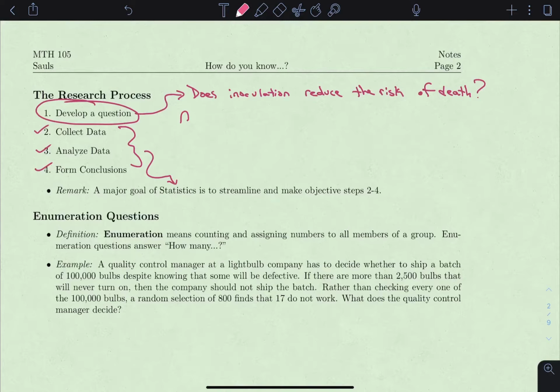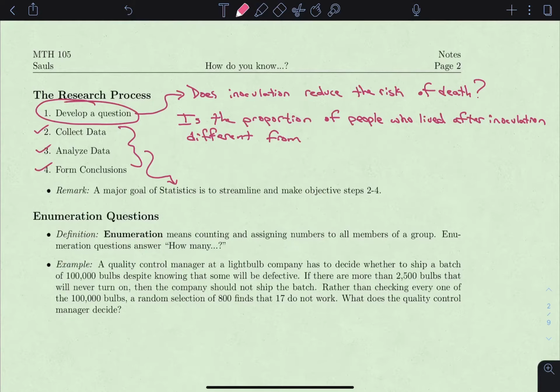is the proportion of people who lived after inoculation different from the proportion of people who were not inoculated.